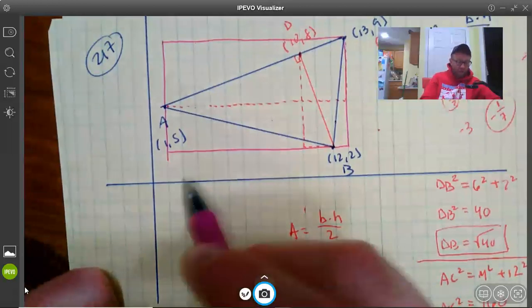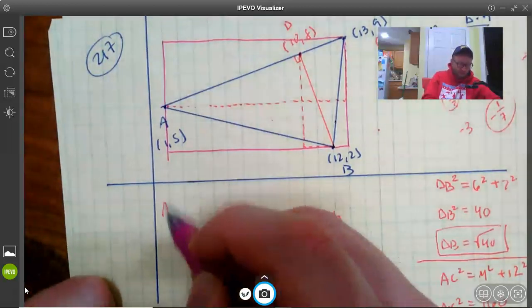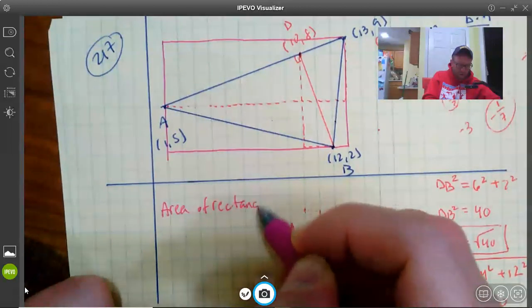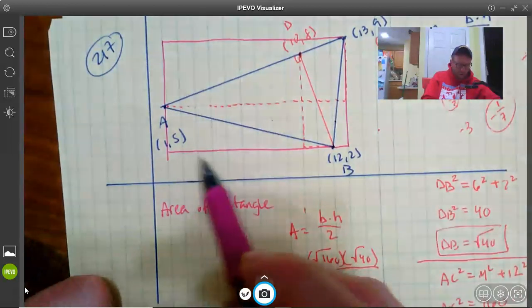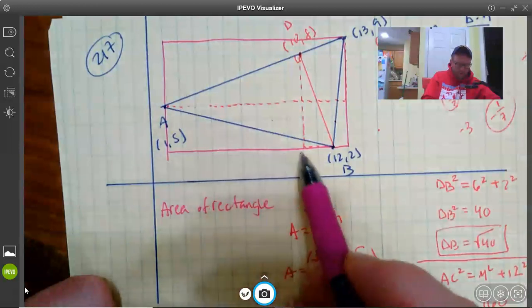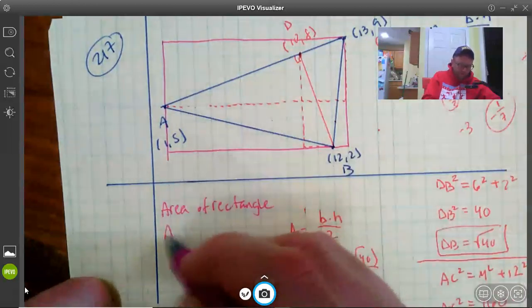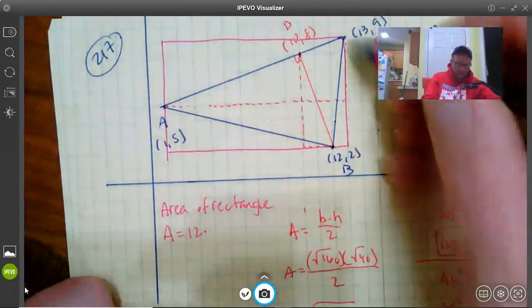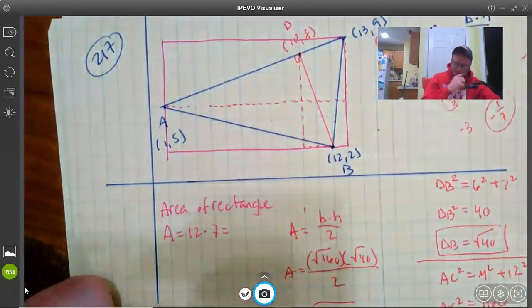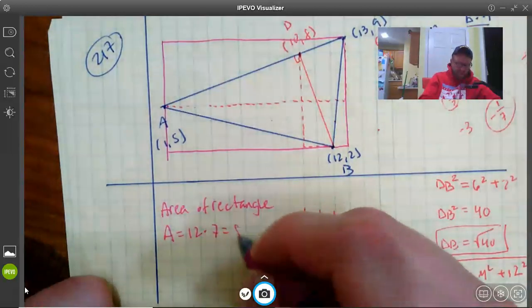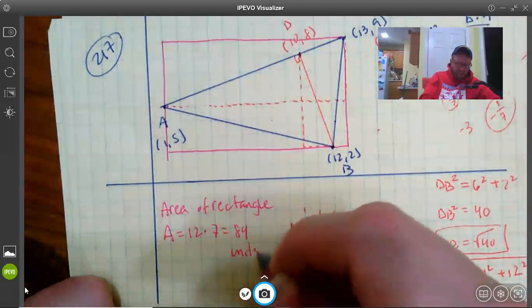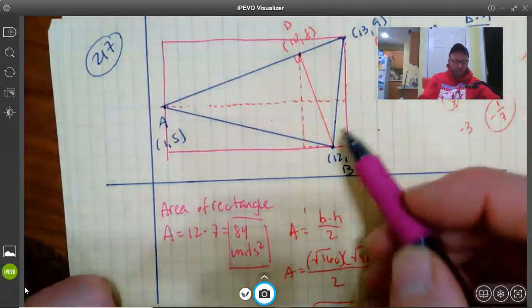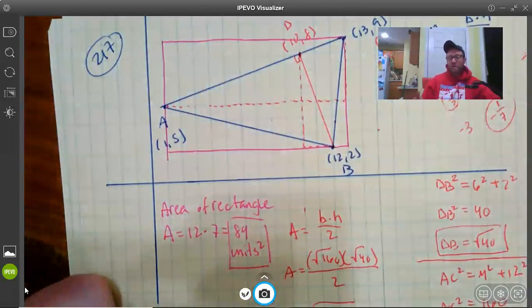And the area of this overall rectangle is just the base times height, so area of rectangle, so 1, 2, 3, 4, 5, 6, 7, 8, 9, 10, 11, 12 times 1, 2, 3, 4, 5, 6, 7. And that is, what, 84 square units.